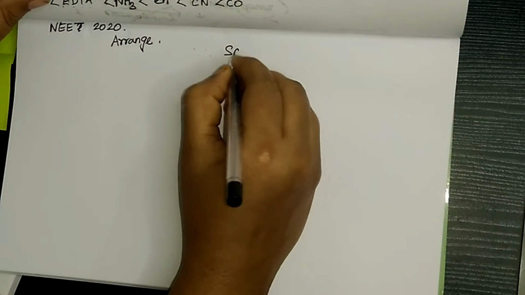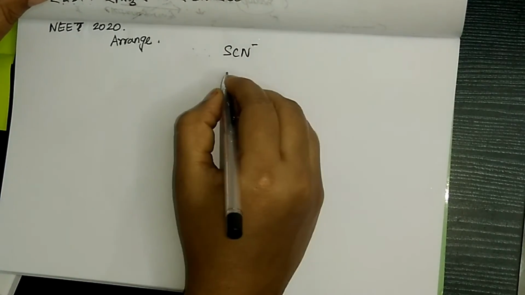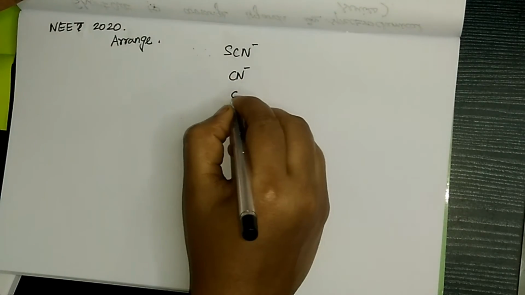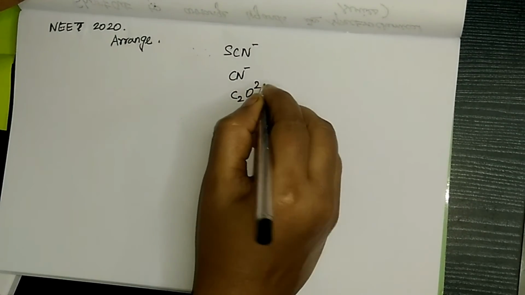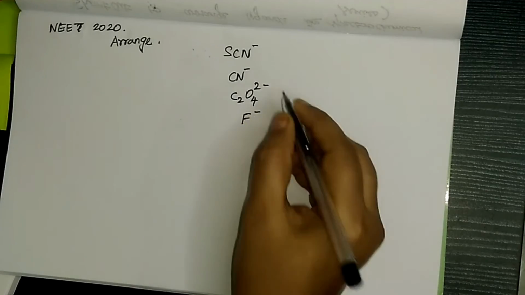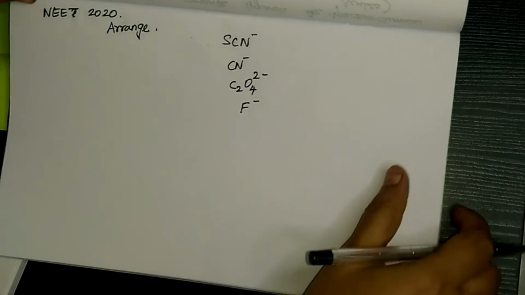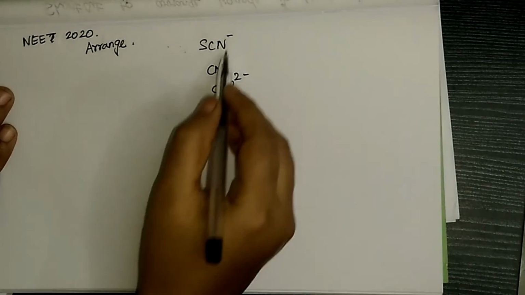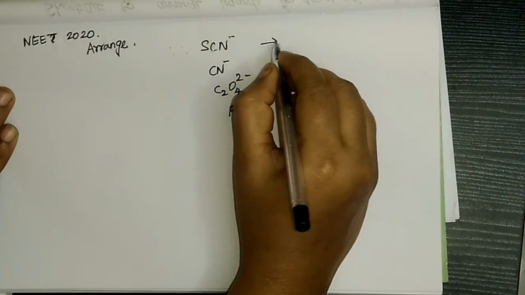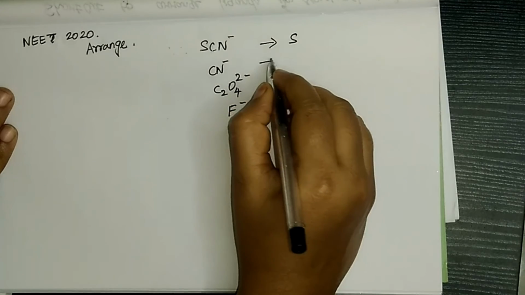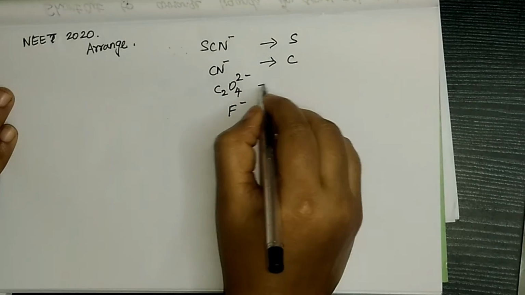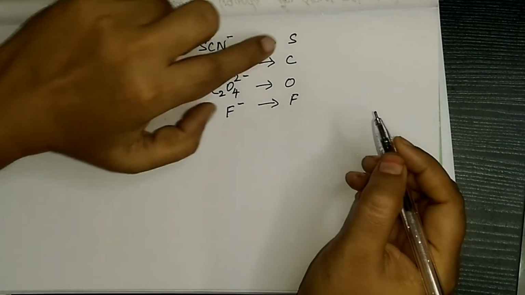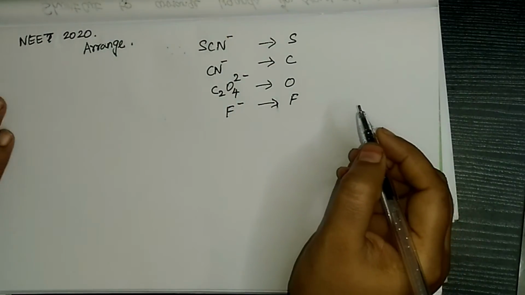You have SCN minus, then CN minus, C2O4 2 minus, and then F minus. See, these 4 ligands are given. You have to arrange from weakest to stronger. So I am classifying this. Here sulfur is the donor, here carbon is the donor, here oxygen is the donor, and here fluorine is the donor. So we have all the 4 different, so it is easy to arrange.